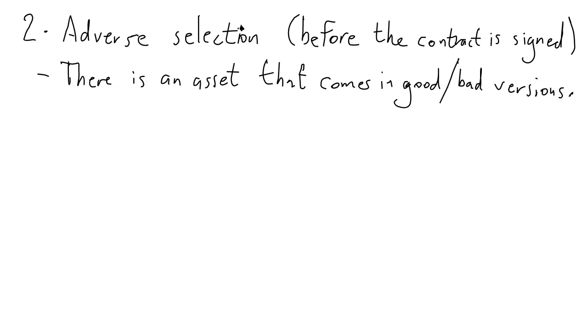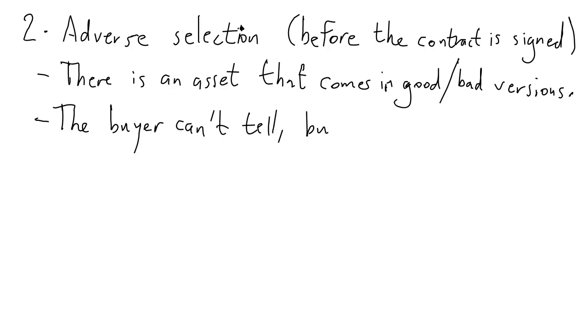So the first element is that we need there to be something that could be good quality or bad quality. It could be an asset, it could be a good. And the key element, which is what makes this asymmetric information, is that the buyer can't tell the difference, at least not at first. But the seller can.